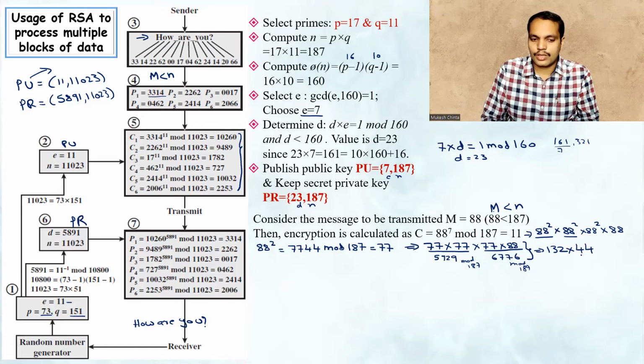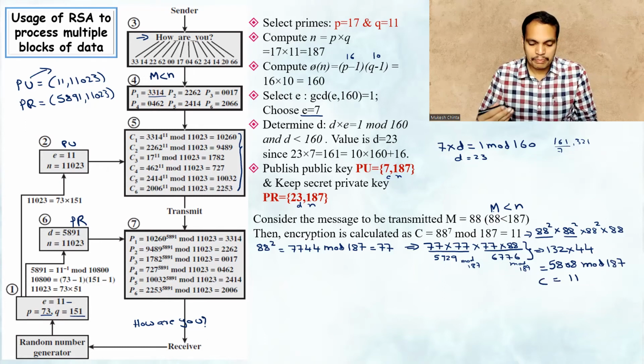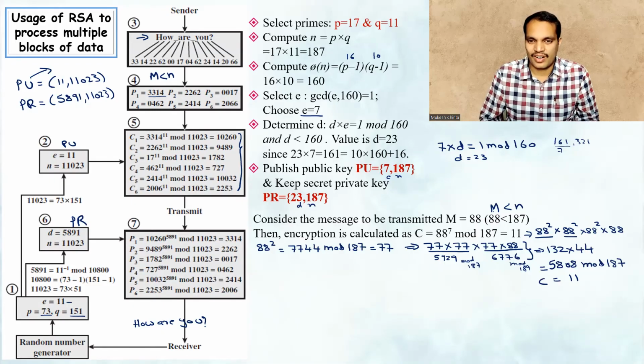I multiply these two, which gives 5808 mod 187. To do this, I'll get 11. So this is how you simply break it into small pieces and start working on it. A simple calculator is sufficient to do these calculations.